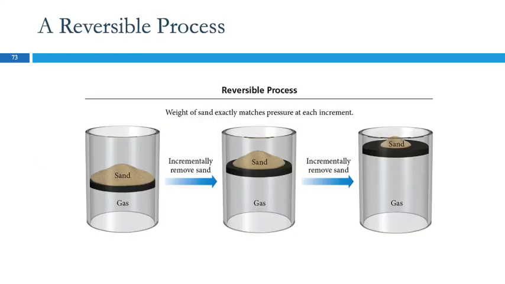This is an example of a reversible process. So here we have a cylinder, and this disc in the middle is kind of like a piston, and it can move up and down. It's sitting where it is because there's a gas underneath, and the mass of the sand is pushing down on the gas.